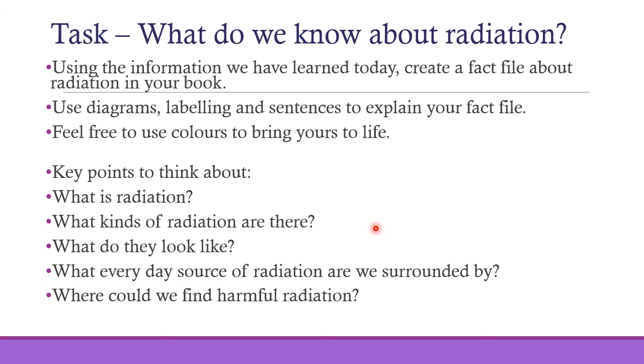What everyday sources of radiation are we surrounded by? And where could we find harmful radiation? Now, you don't have to address all of these points. I just want you to spend around 10 or 15 minutes thinking about and writing about or explaining what we've learned about radiation today before spending 5 minutes on our plenary at the end, okay? So pause the presentation here and create a mini fact file of what you've learned about radiation today.